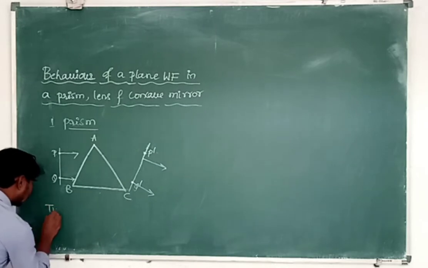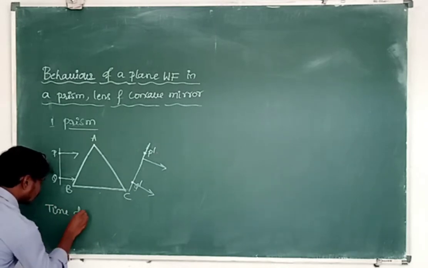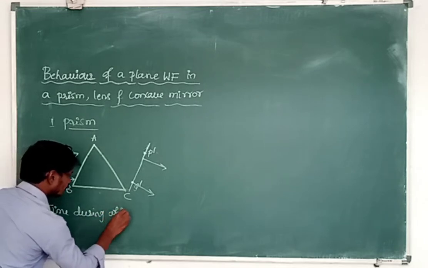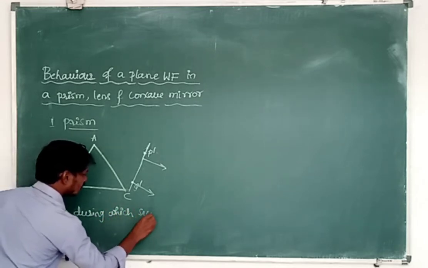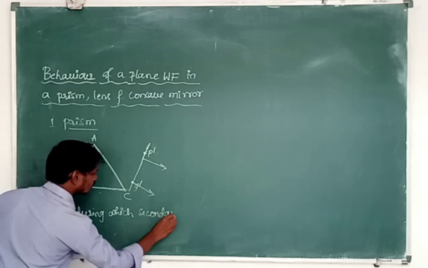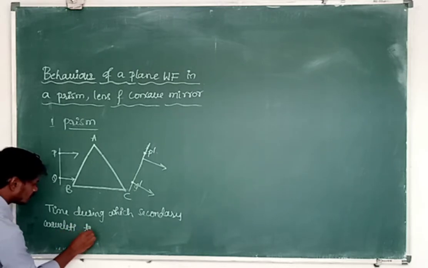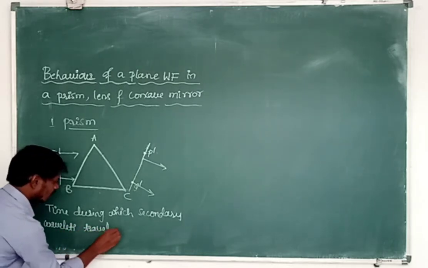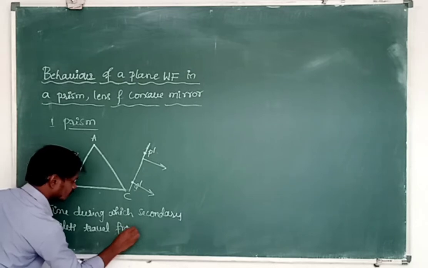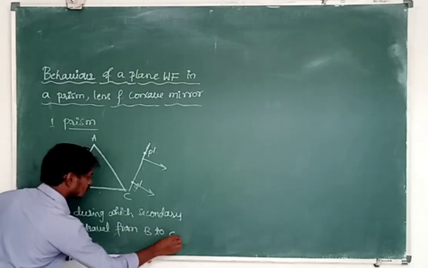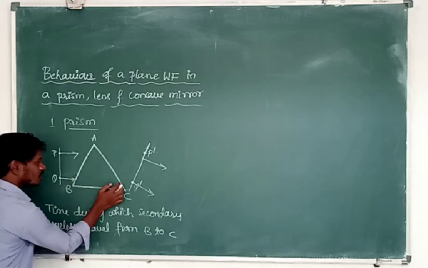Now, consider the time during which the secondary wavelets of the wavefront travel from B to C. Travel from B to C means here it is the large thickness of the prism.